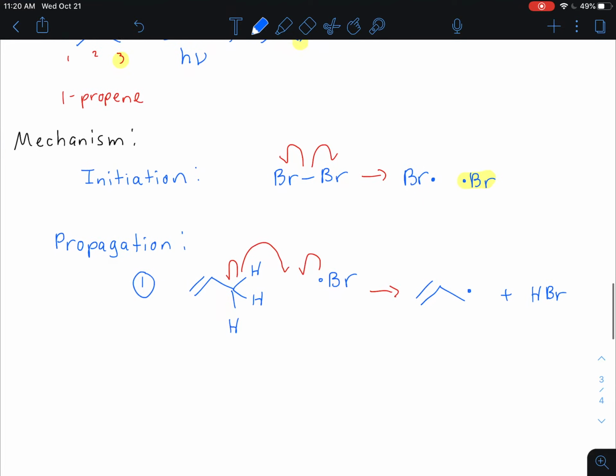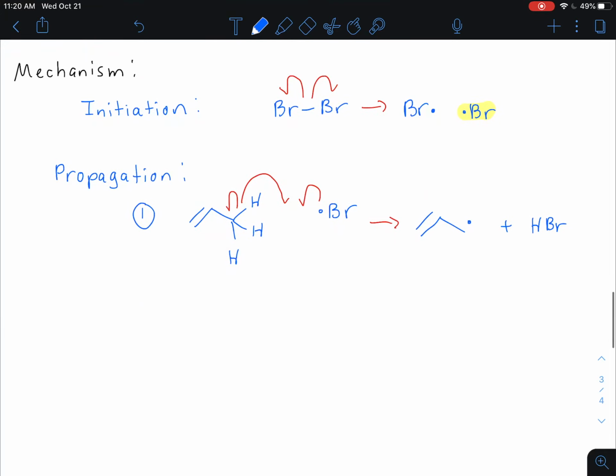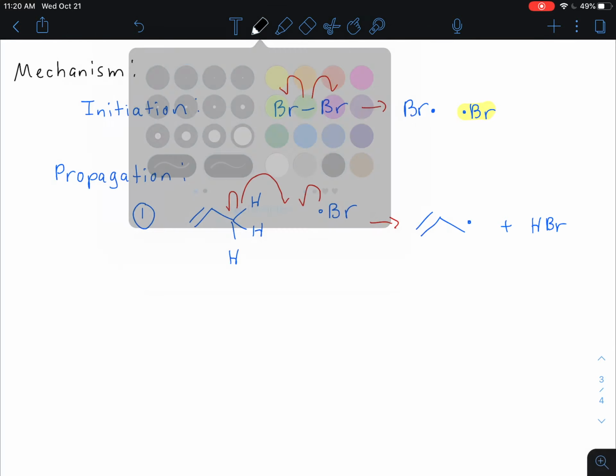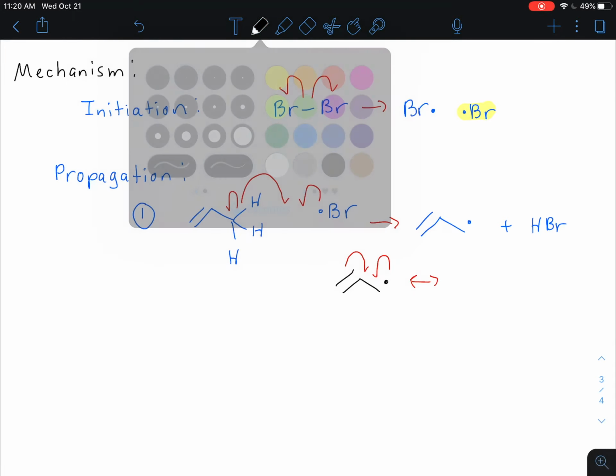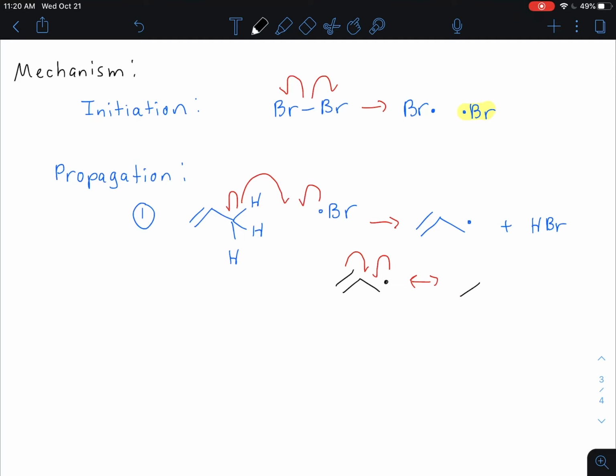So it's a little strange to think about resonance for a species with a single electron, but just to give you an idea here, if we want to think about this allylic radical, we can explain its stabilization through molecular orbital diagrams, but also what we can say is that the radical is delocalized over those 3 carbons.